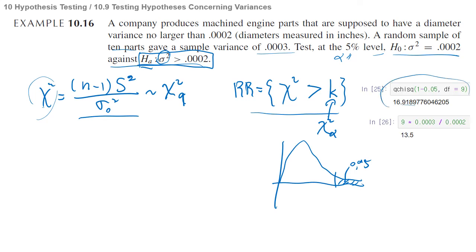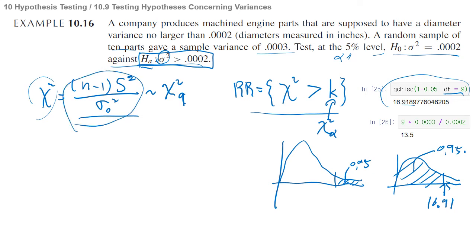For this calculation, the area here is 0.95, so it is the quantile 0.95 with degrees of freedom 9, which returns this value, 16.91. And what about our test statistic, the chi-square? n-1 is 9, S square is 0.0003, and our sigma 0 square is 0.0002.